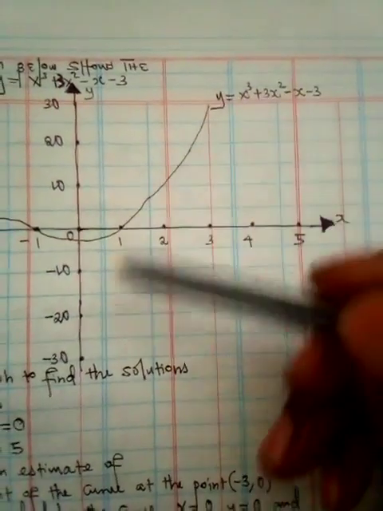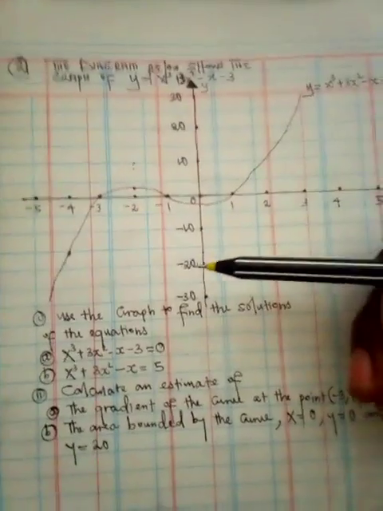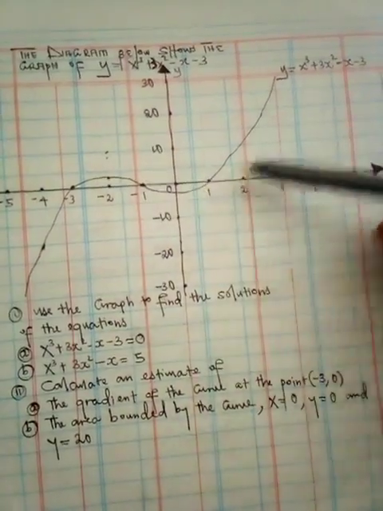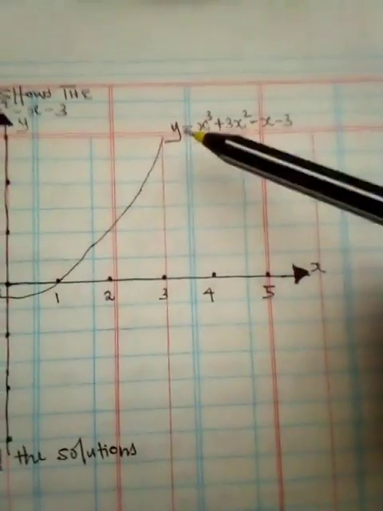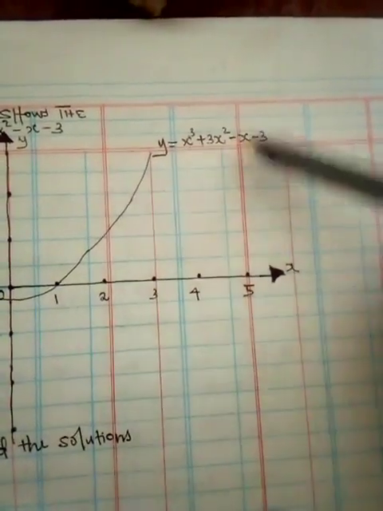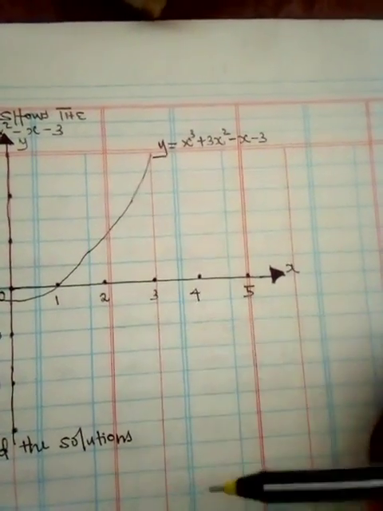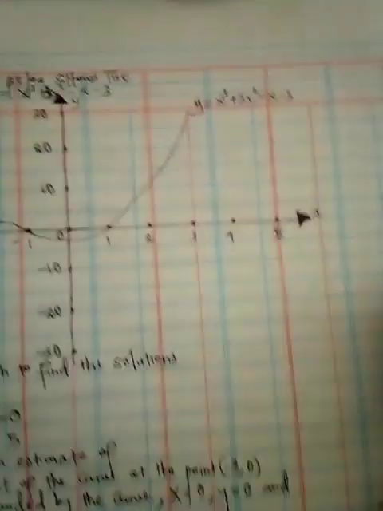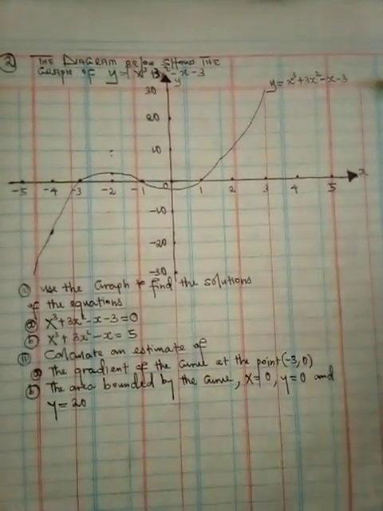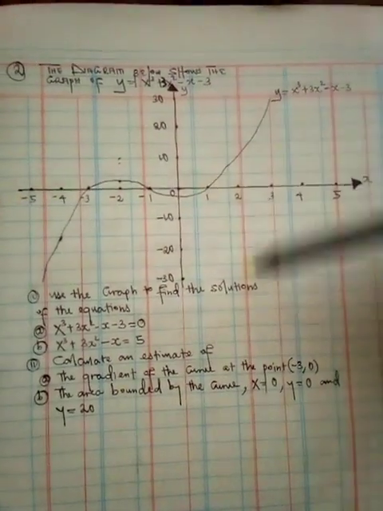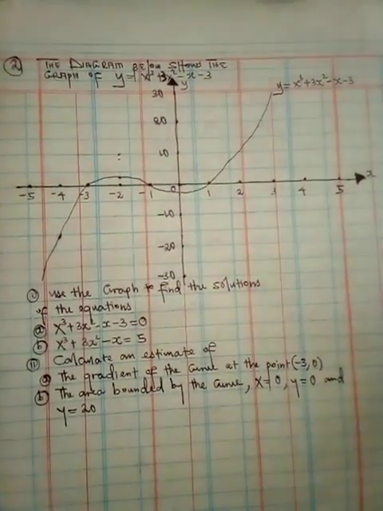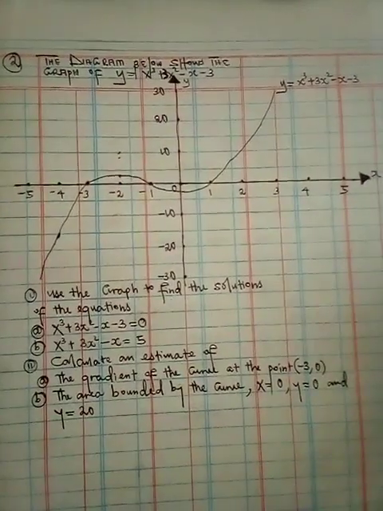Even if you have been asked to sketch or plot a graph, after you make it, you should label that graph with the equation that you used to plot it. Very important. So feel free to pause the video, and if you want, you can copy this and then follow up with me as we begin to handle the solutions.